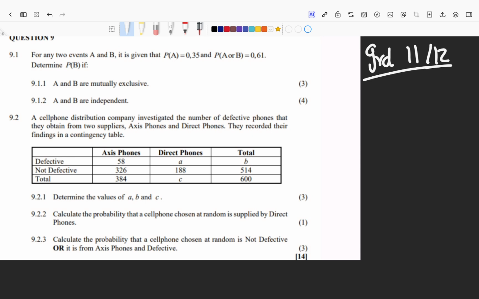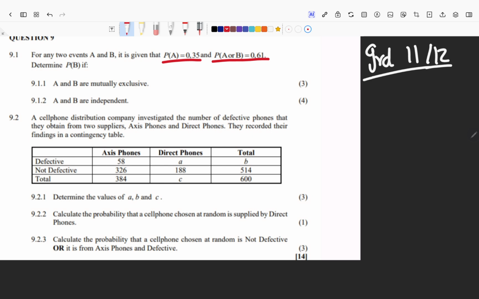For any two events, A or B, it is given that the probability of A is equal to 0.35, and the probability of A or B is 0.61. We are asked to determine the probability of B if A and B are mutually exclusive.